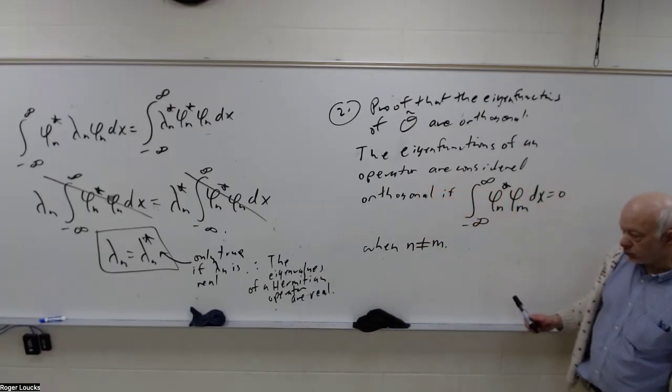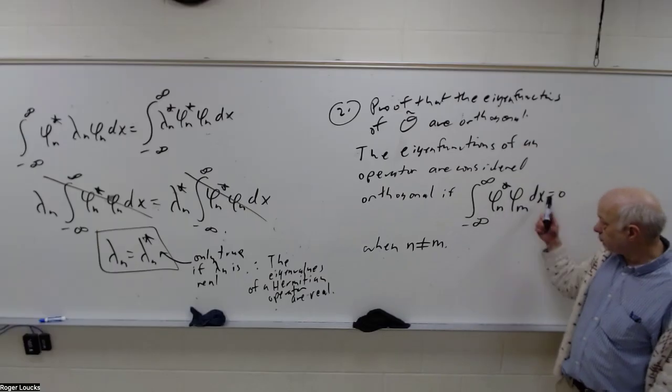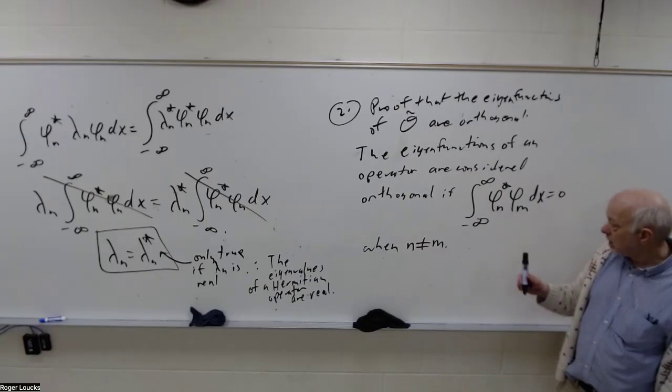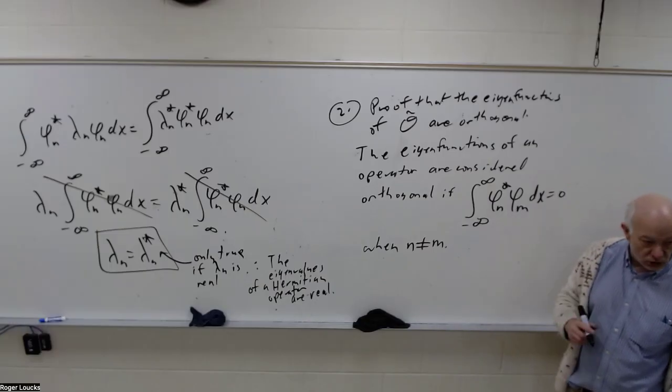So basically what I'm doing here, I'm taking two different eigenfunctions, I'm taking the complex conjugate of one of them, and I'm integrating this mess over all space. If these are not the same eigenfunction, this equals 0. This is the definition of orthogonality.